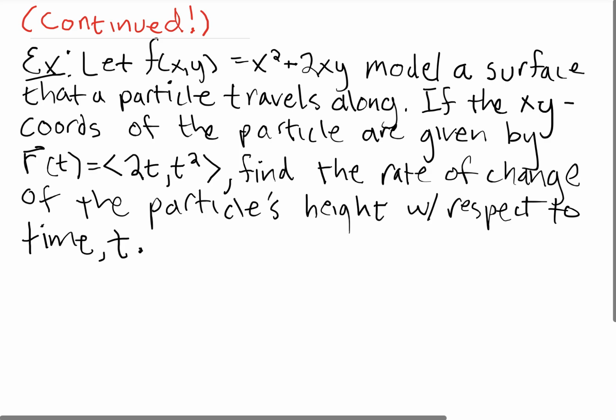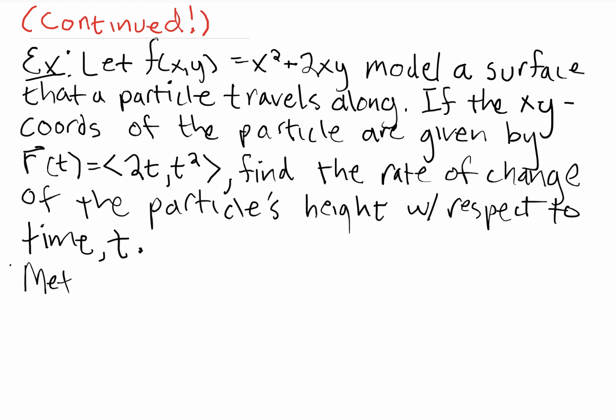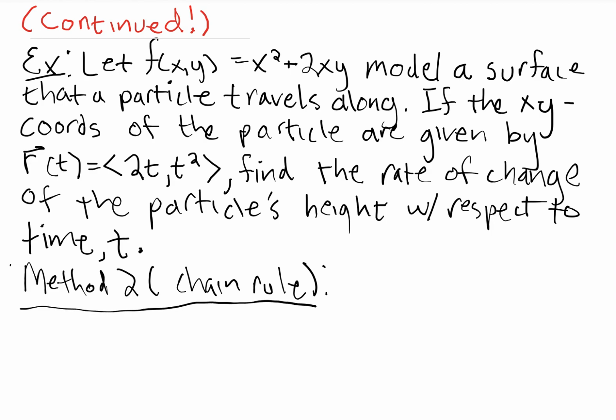Let's see if we can try that last example one more time, but we'll do it the new way. So we'll try basically what I'll call method 2, which is my chain rule here. We'll try that to tackle this problem. Now as a refresher, the formula from the last slide is basically as follows.